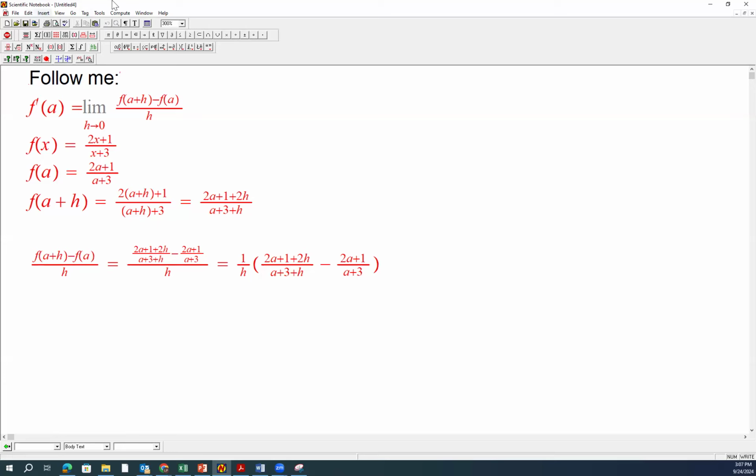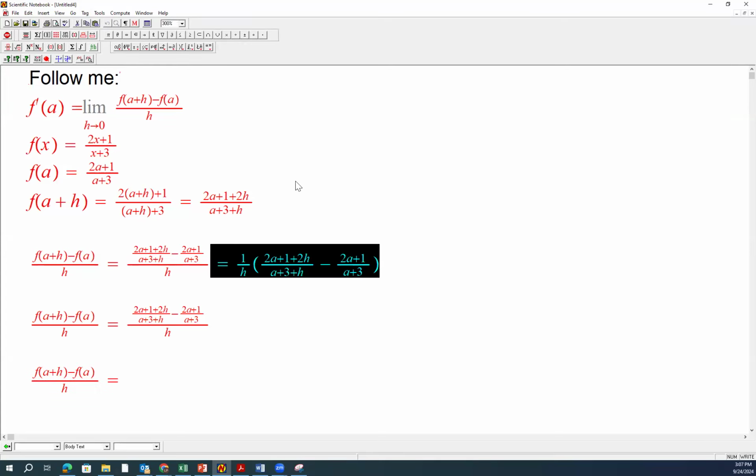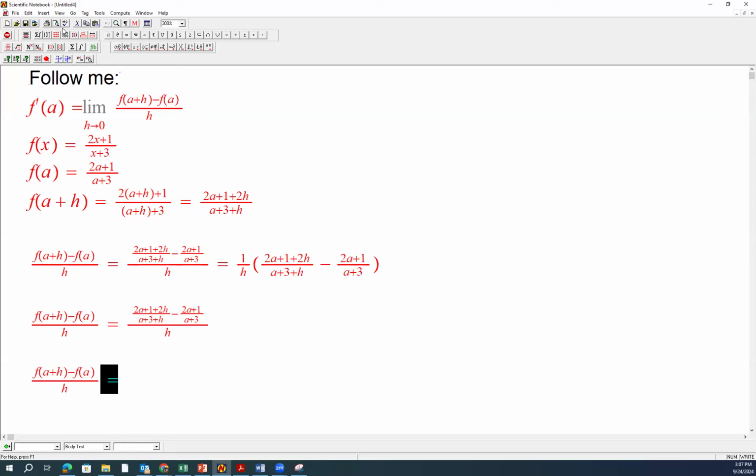If you do it this way, as a complex fraction, you get something like this. If you treat it the other way, some of you like to do that, and you work with this piece and that piece, and we should get the same answer.